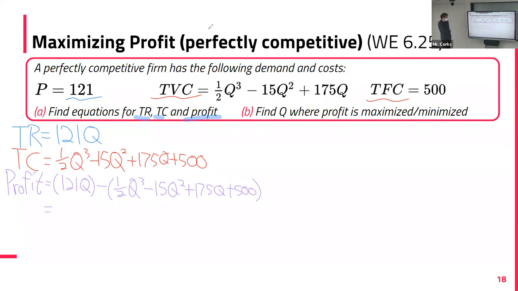Okay, so I want to order this in terms of the largest exponents first, just to keep this organized. So what are my terms going to be here? Biggest exponent first.